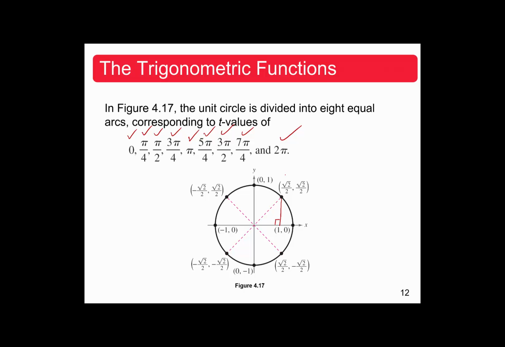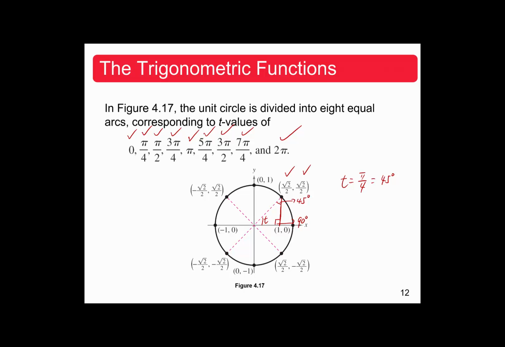So how do we get radical 2 over 2 and radical 2 over 2? We can use the Pythagorean theorem, assuming this is angle t. Now we know that t equals pi over 4, that's 45 degrees. And this angle here is also 45 degrees, because this is 90 degrees.